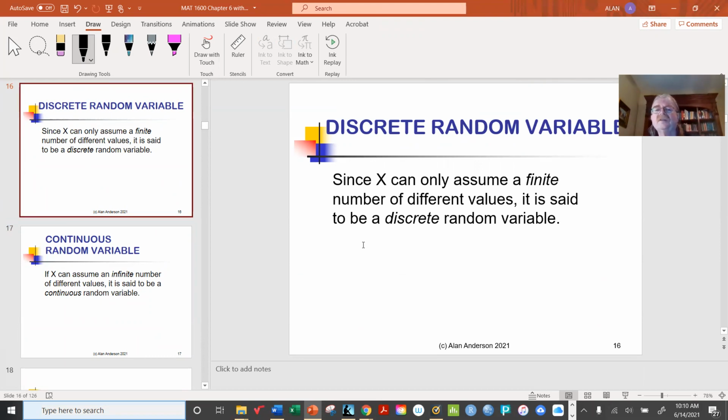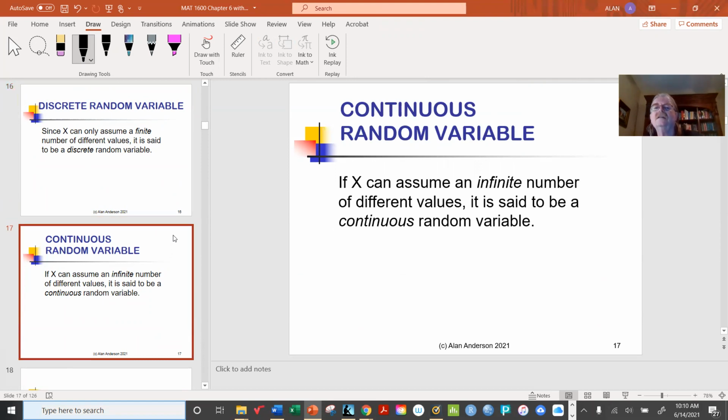Like for example, if X represents the number of people who come into a store during a given hour, it has to be discrete because the number has to be an integer. It can't be infinite, okay? But if X is the time until the next customer walks in the door, that's a very different matter because time can have a fractional component. And because of that, the number of possible times until the next customer walks in the door is literally infinite. So that would be a case of a continuous random variable.